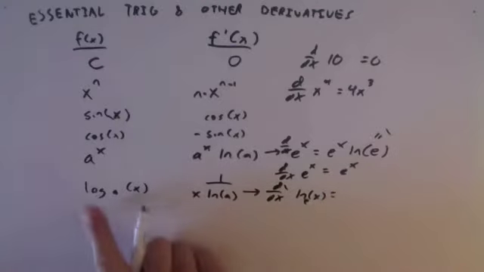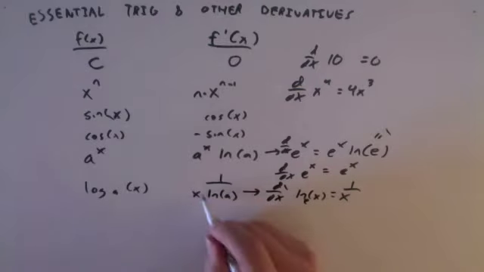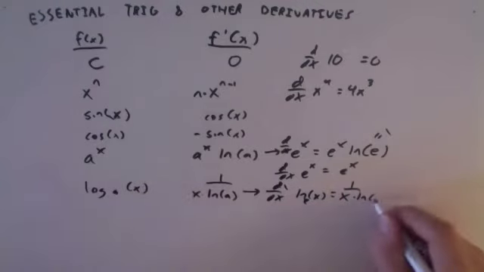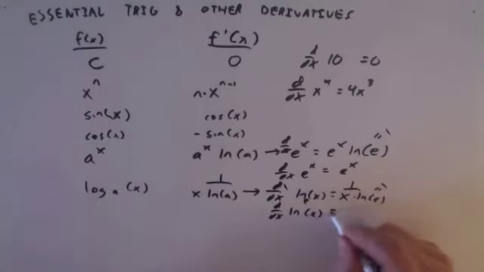Then that will become, okay, so the a is e, and then x is x. So it'll be 1 over x times the ln of a, and a is the base, so you'll see a is e, so it's the ln of e. What does this equal? This equals 1. So the derivative of ln of x equals 1 over x.